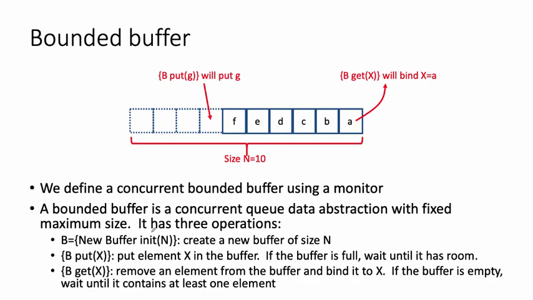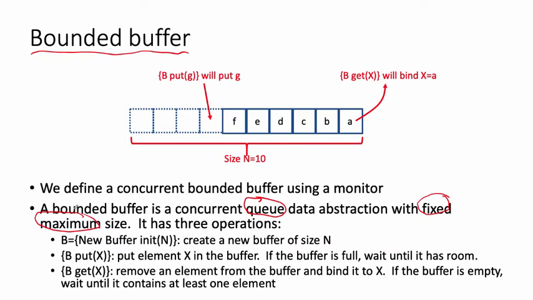Okay, so let me now show you an example application called bounded buffer, and you'll see how to program with monitors. So let me first define my bounded buffer. A bounded buffer is like a queue, but it has a fixed maximum size. So it's like an array, and once it's full, it's full.